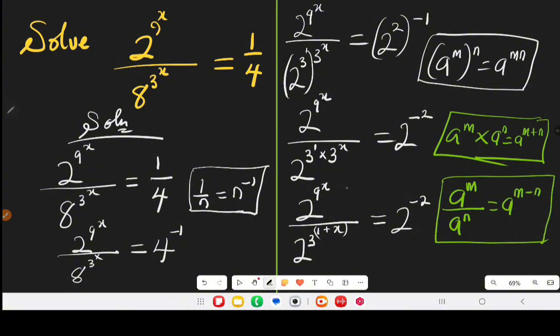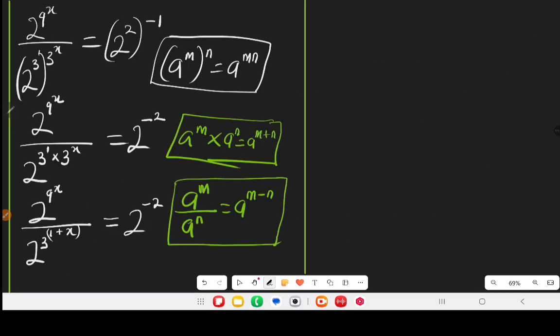If we apply this here, we will have 2 raised to the power of 9 raised to the power of x minus 3 raised to the power of 1 plus x, equal to 2 raised to the power of minus 2. Now we compare both sides.